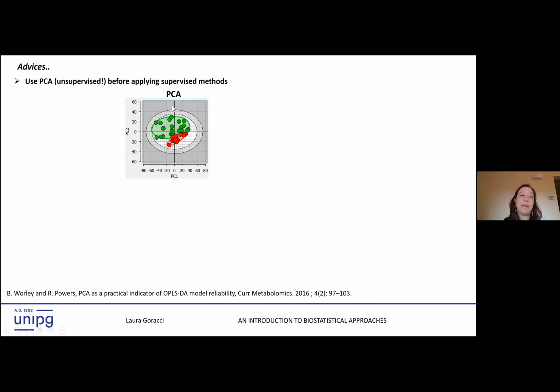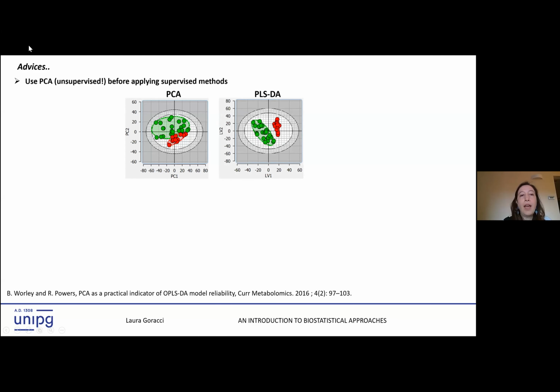And this is a real example. Here I also reported a paper that I found very nice, on PCA as a practical indicator of OPLS-DA model reliability. This is my PCA. These are my real data. I have a nice separation between the green and the red already, so the signal is quite strong.